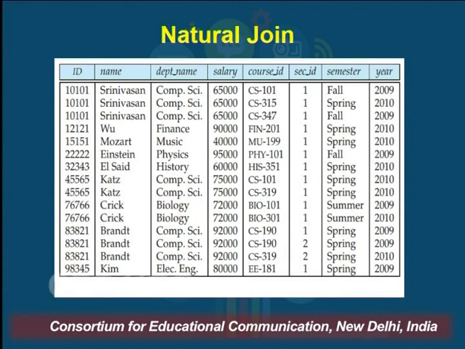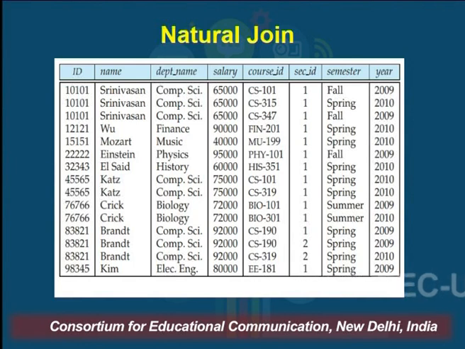So, we have seen two different mechanisms of joining two relations. One is the Cartesian product, and another one we have just seen is natural join. Now, let us explore natural join in more detail.